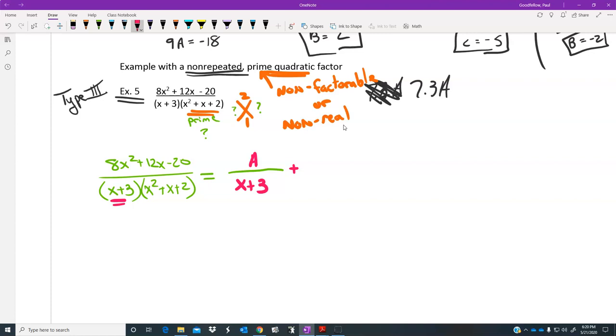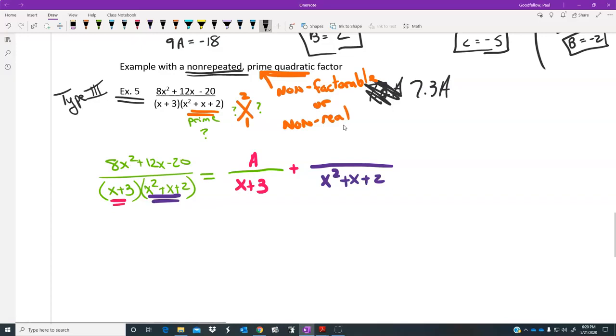Now, the second type listed right here is what would be referred to as a type 3. What do you do with a prime quadratic? Well, we put the prime quadratic on the bottom, x squared plus x plus 2, but the top section is a little bit different. In type 1s and type 2s, it was just a constant that goes up here.